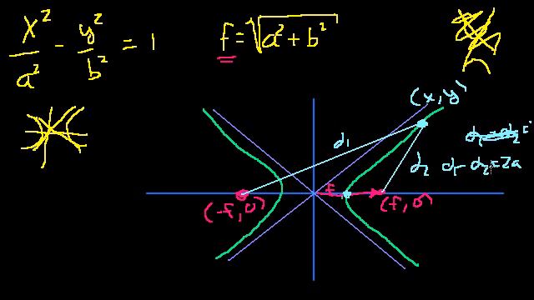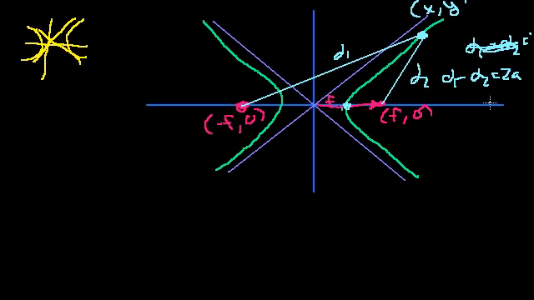So let's use this fact, that d1 minus d2 is equal to 2a, to try to prove this. The first thing to do is figure out what d1 and d2 are, just using the distance formula. So what's d1? d1 is the distance between this point and the point minus f comma 0.